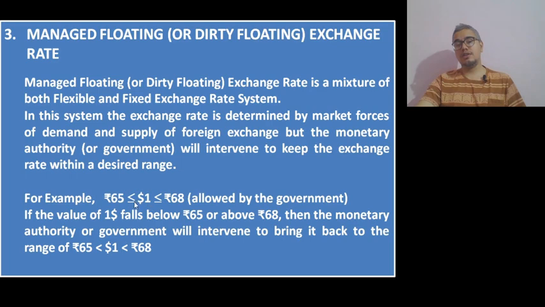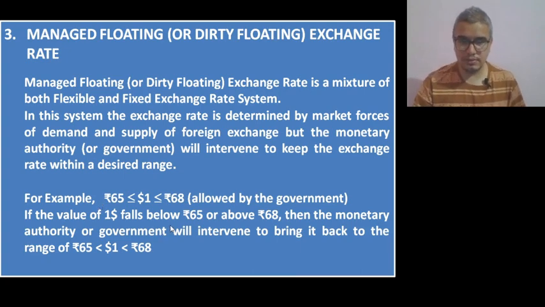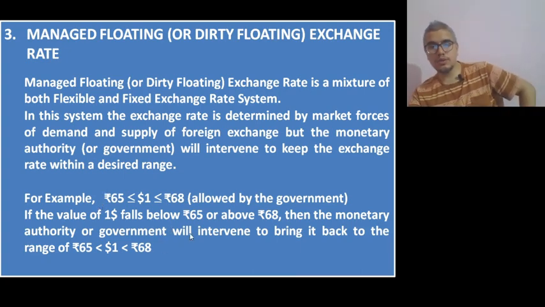unless and until the exchange rate is outside rupees 65 and rupees 68. If the exchange rate goes below rupees 65 per dollar, the government will intervene and bring it back to this range.